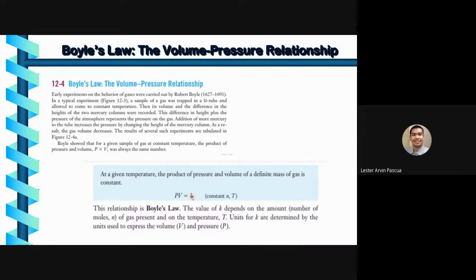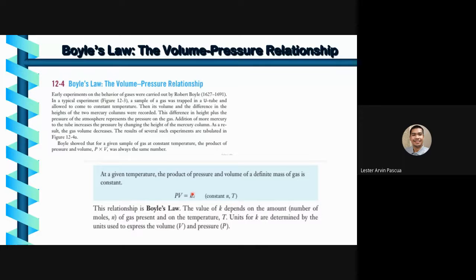Ano yung K? Ratio, proportionality constant. Pero hindi nagagamit yung word na yun. So, yung K mo, when you talk of proportions, meron kang nilalagay na proportionality constant.